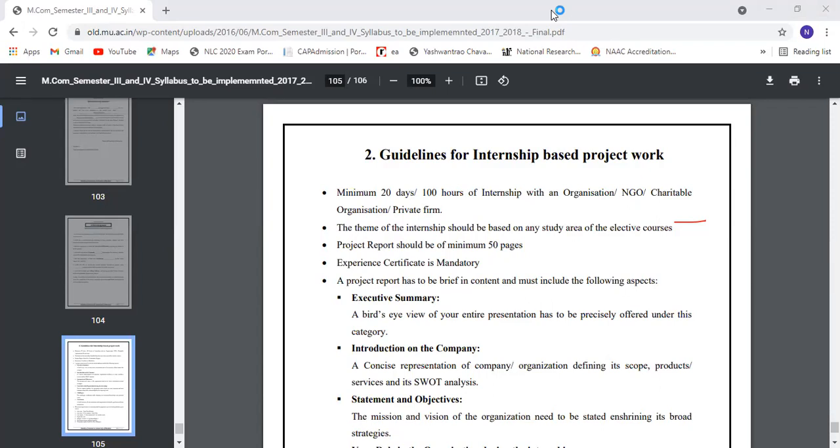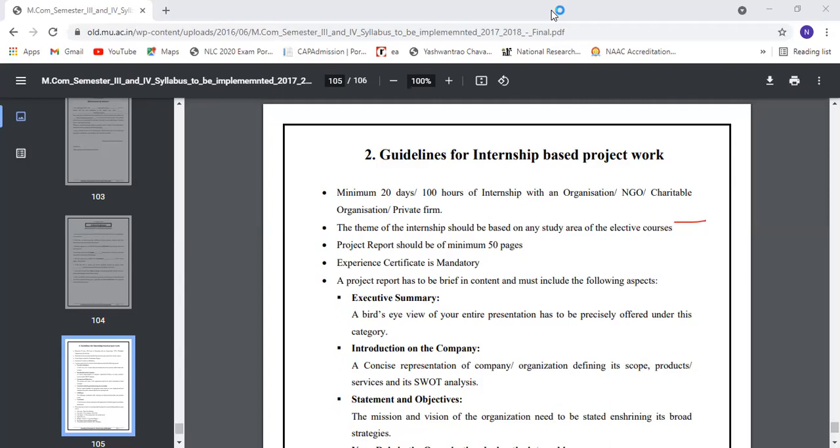I'm an employee of the company, working as an intern on that company, and on that basis I will conduct the research, on the company only. This is called an internship-based project report. After doing actual practical work, you can publish the experience and data collection you gained by way of a report.